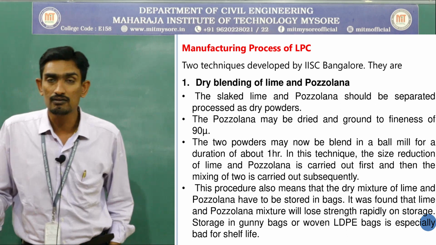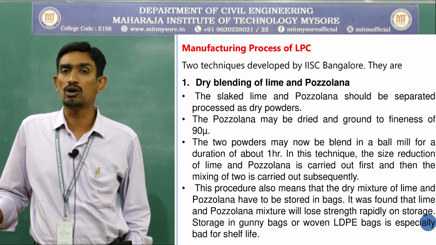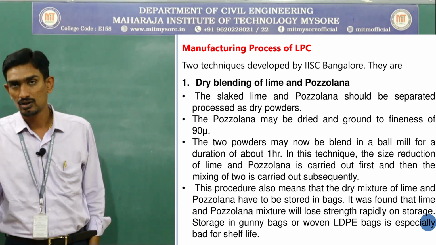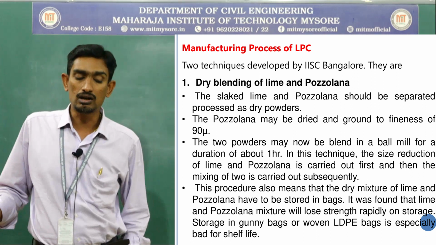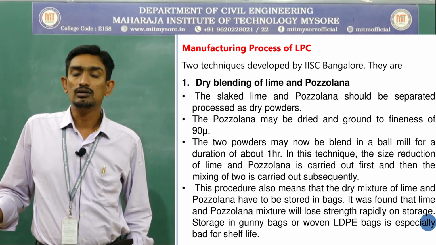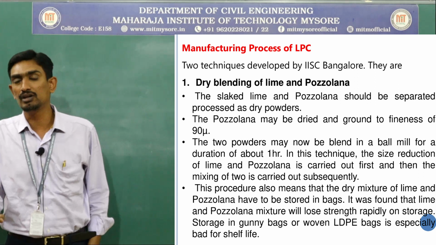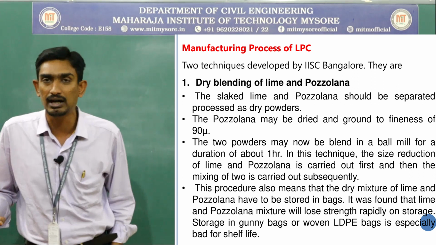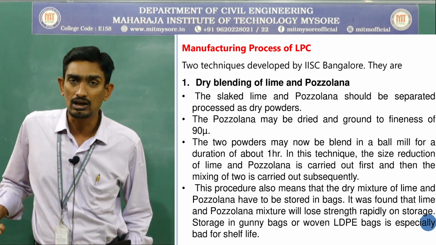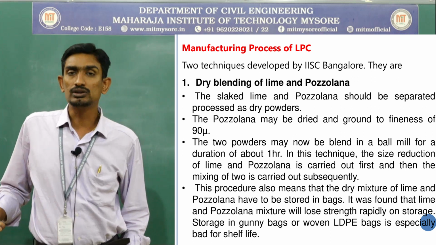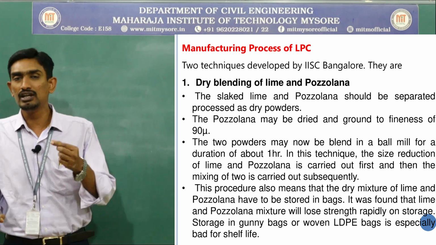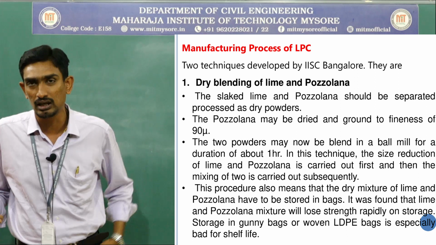Why 90 micron? Micron means 10 to the power of minus 6 meters. Because the cement particles we come across are 90 micron or less than 90 micron in size. To those particular sizes, we need to grind this pozzolanic material.